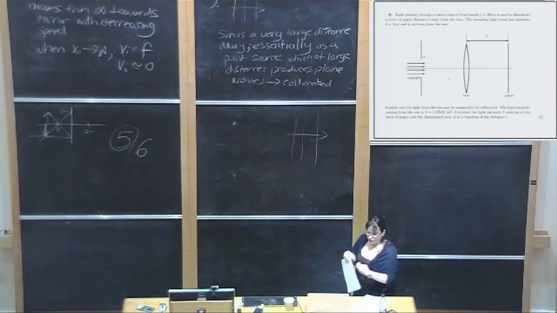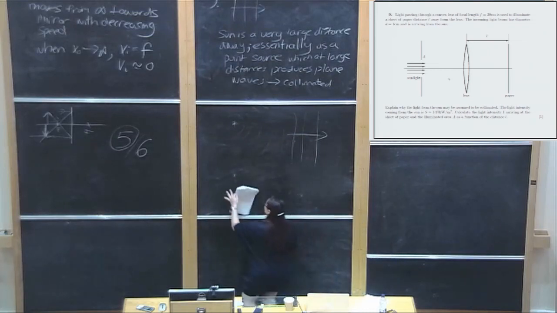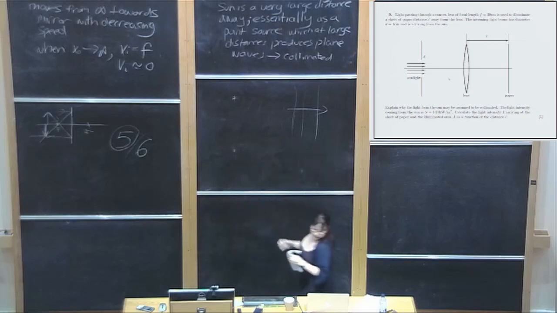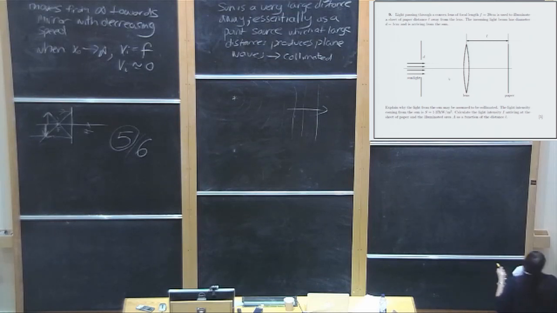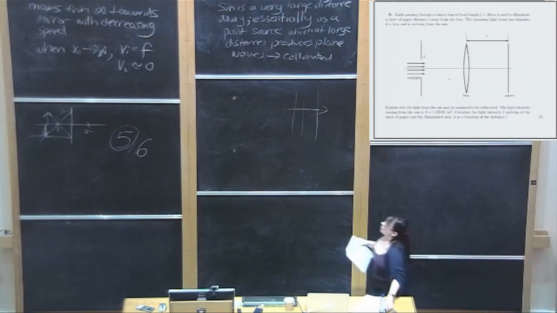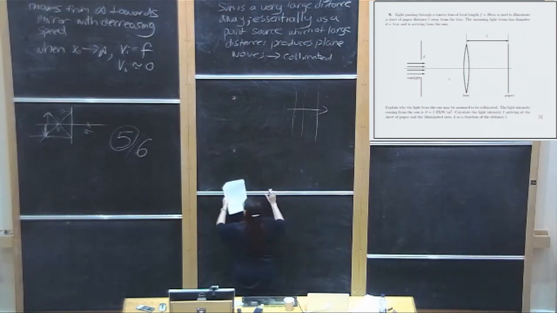Okay, so what setup have we got? Right. So we're told that the light intensity coming from the sun is S. Calculate the light intensity arriving at the paper and the illuminated area A as a function of the distance between the lens and the paper.